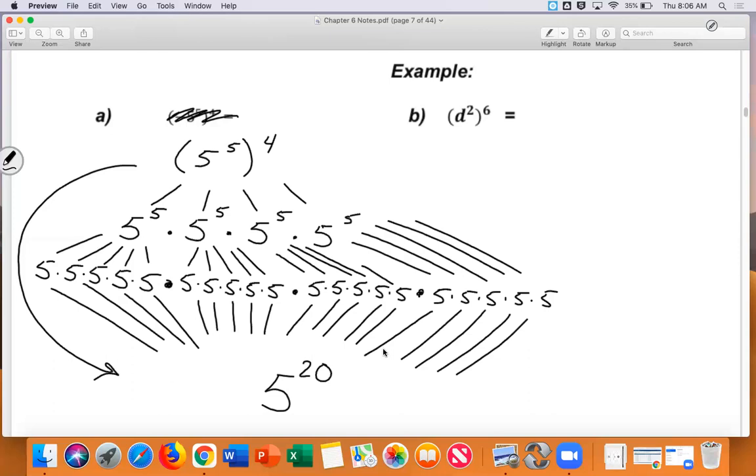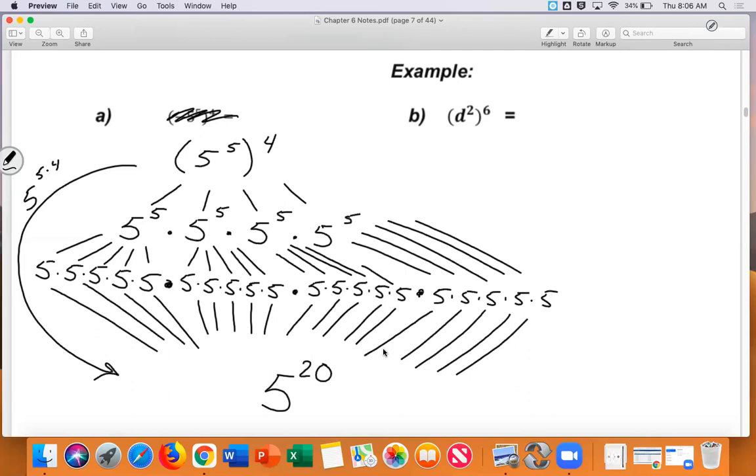Okay, calculator. All right, any shortcut? Apply the exponents. Yeah. So two of you said multiply the exponents, right? So we're going to do 5 to the 5 times 4, which is 5 to the 20.